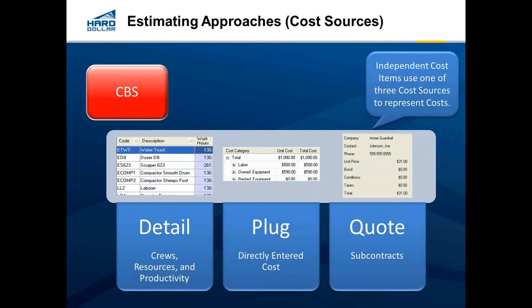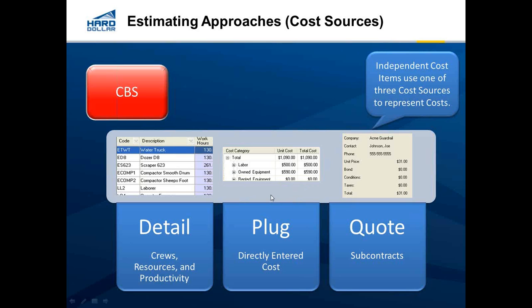They're going to say, okay, here's the guys that would be working on that task. Here's the equipment we'd be using, and here's the material. And they would figure out their rates, and they'd figure out how much they can do in a day of that activity to come up with productivity. That's the detailed approach. That's the real best practice where you're using crews and productivity.